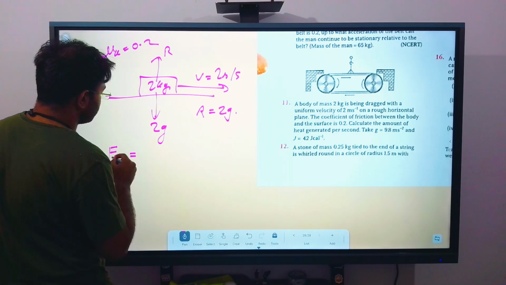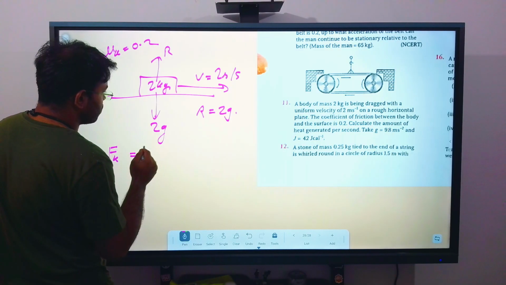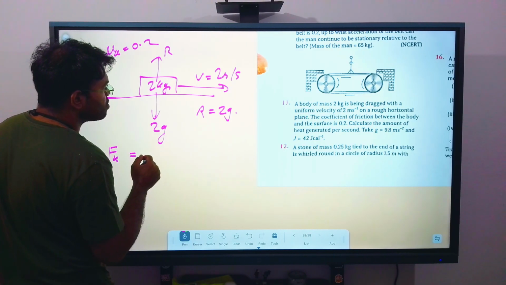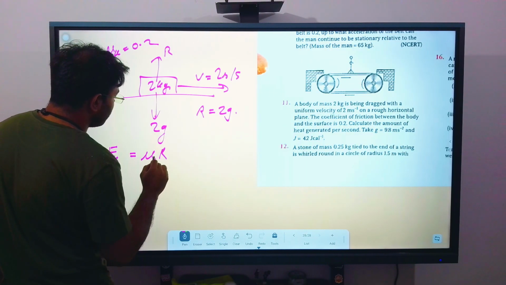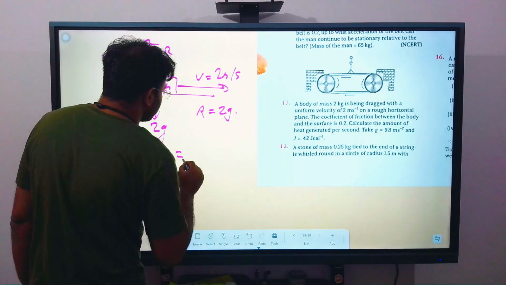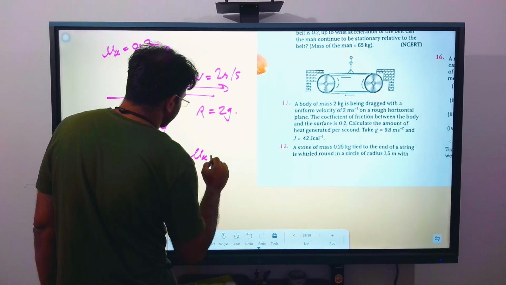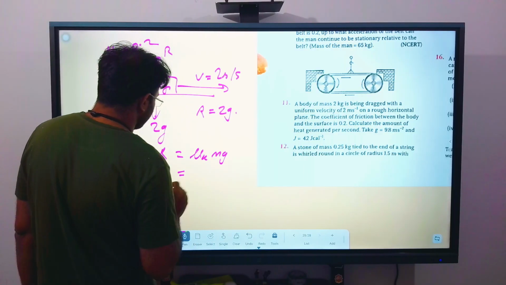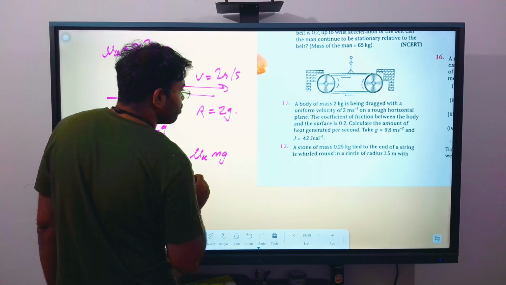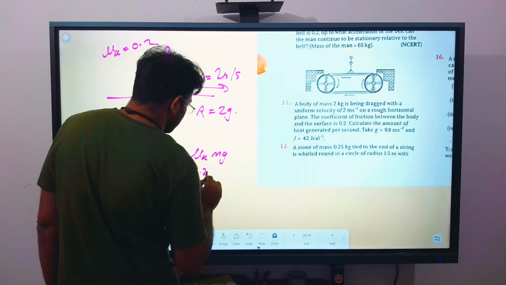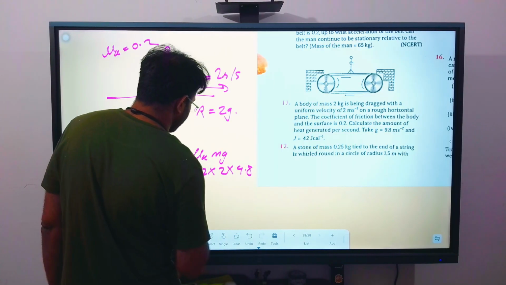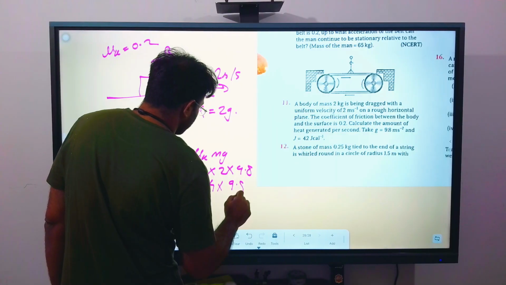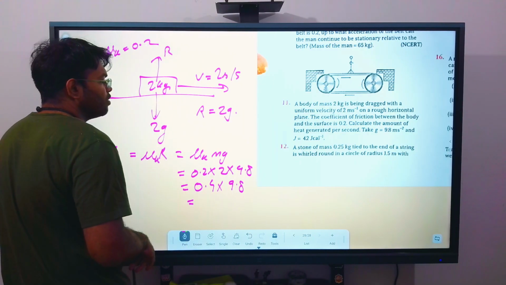Friction is equal to mu of R, which is mu of k mg, equal to 0.2 multiplied by 2 multiplied by 9.8. That is 0.4 multiplied by 9.8.